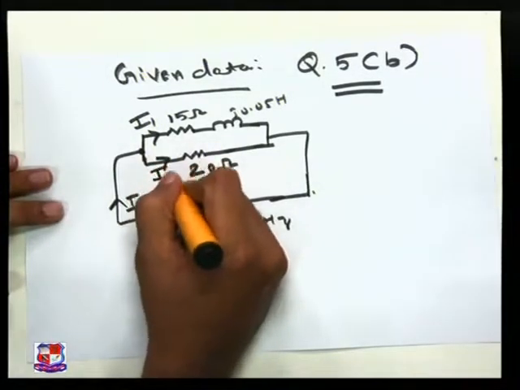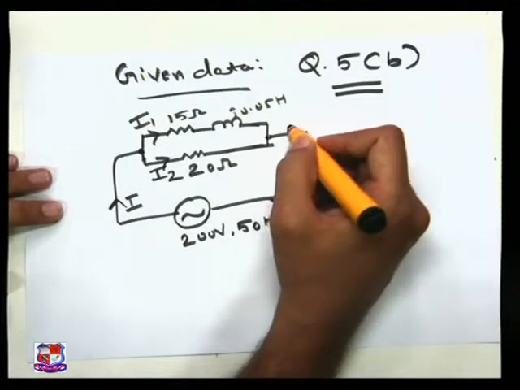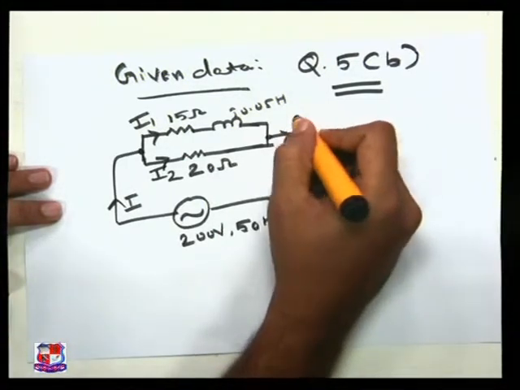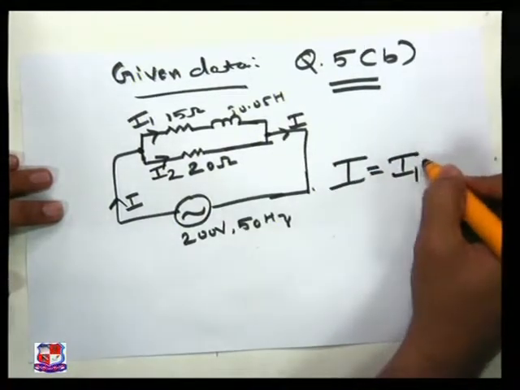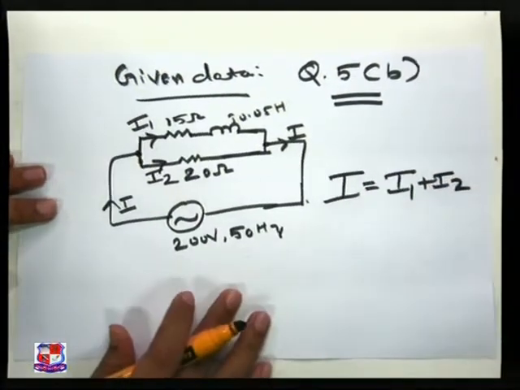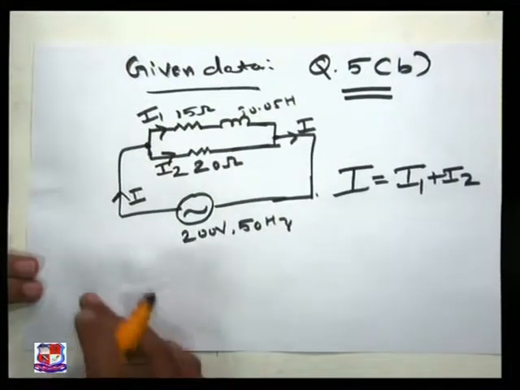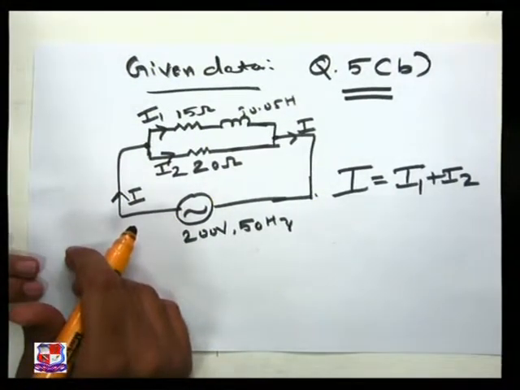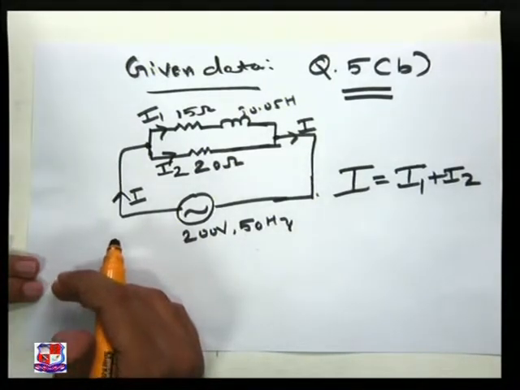Here I am denoting the other current as I2. At this node both are added, so the total current I will be I1 plus I2. We are asked for the value of I1, the value of I2, then the total current I, and then the power factor of the total combination.